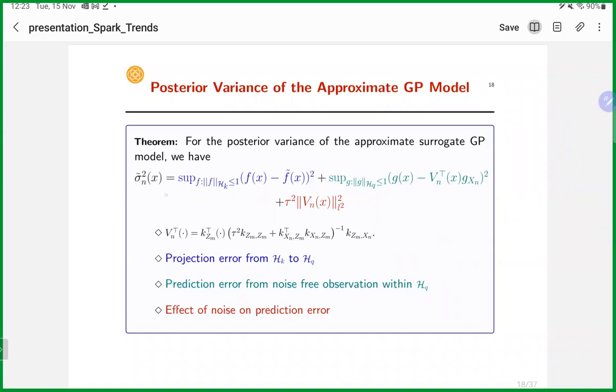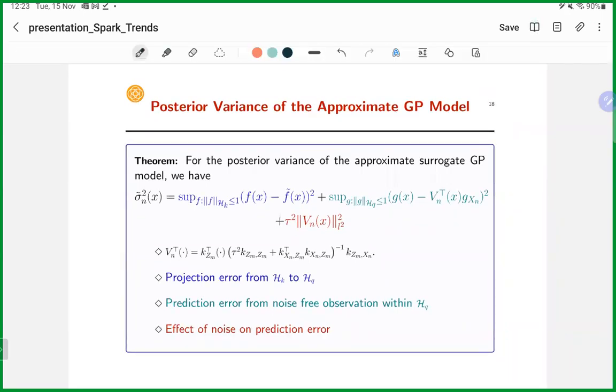So we proved that the approximate posterior variance that we saw in the previous slide can be decomposed into 3 terms.